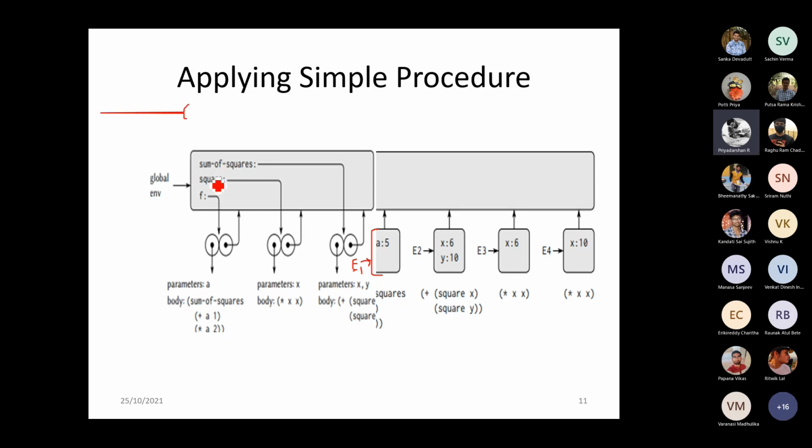Along with these three procedures, you have another procedure called X, right? Where you have two representations, with arguments, and the body, and this pointer would be pointing back.